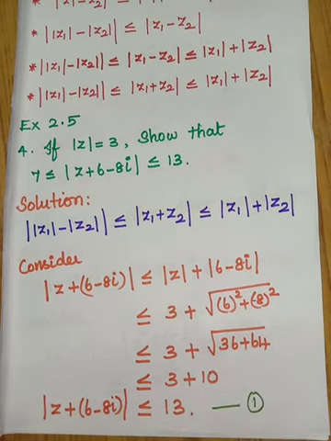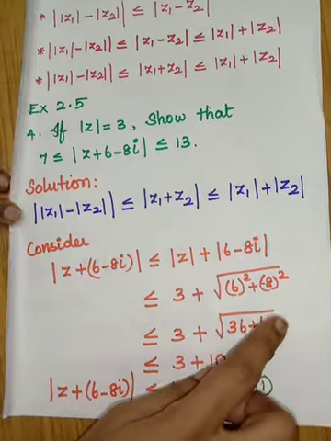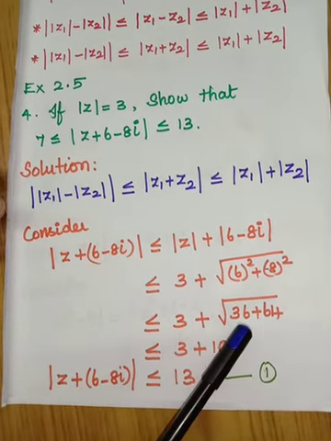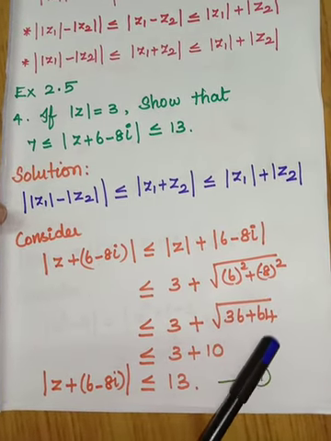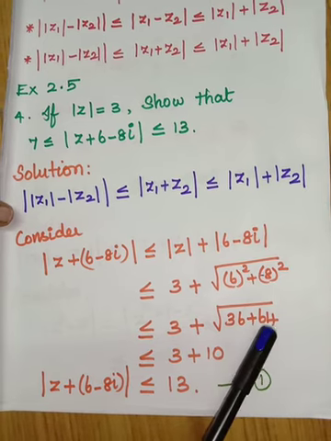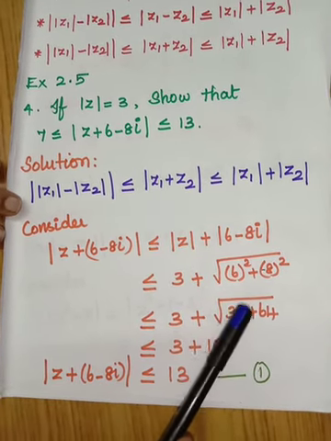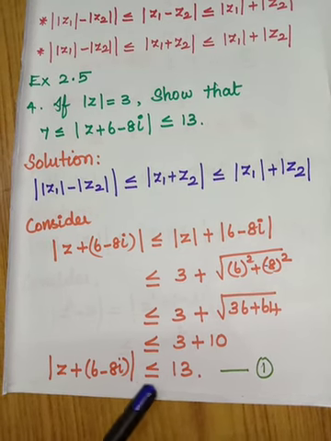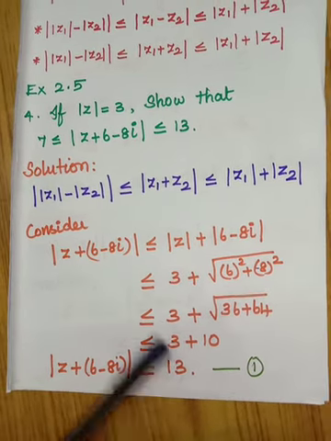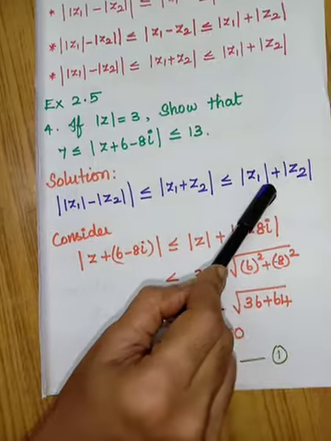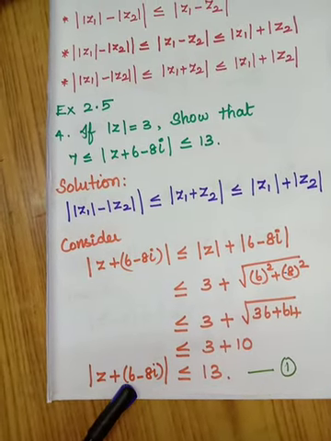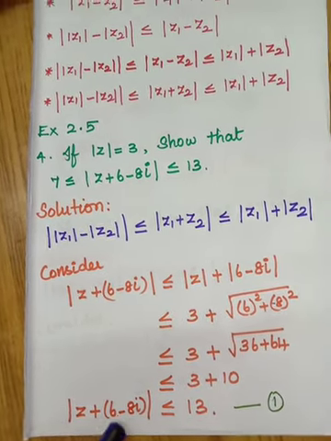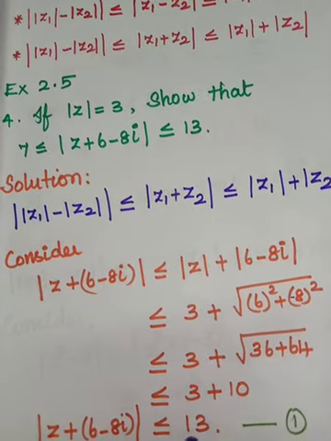So 3 plus square root of 6 squared, which is 36, plus minus 8 squared, which is 64. So 36 plus 64 is 100, and the square root of 100 is 10. So you are getting the result less than or equal to 13. I have taken the second and the third term and arrived at the result: modulus of z plus 6 minus 8i is less than or equal to 13.